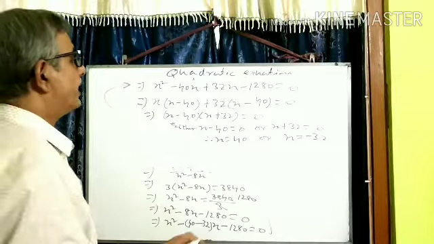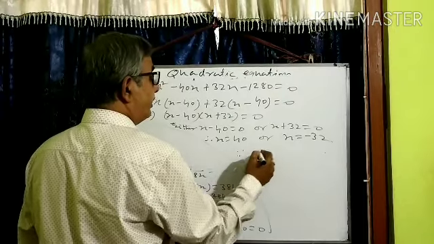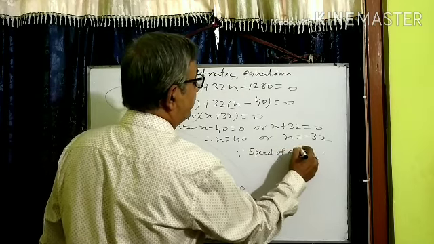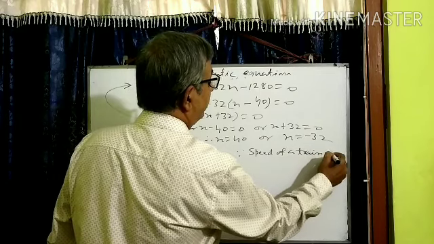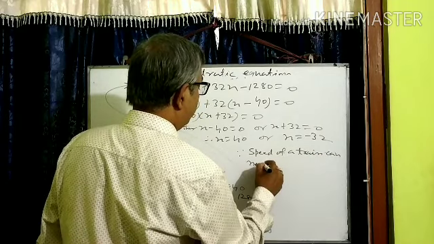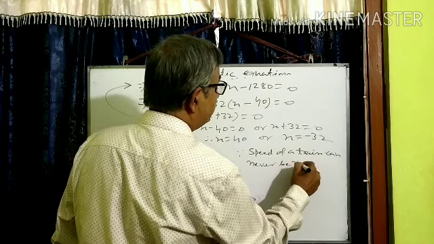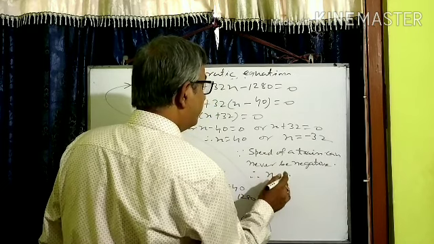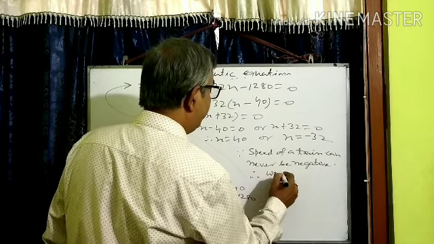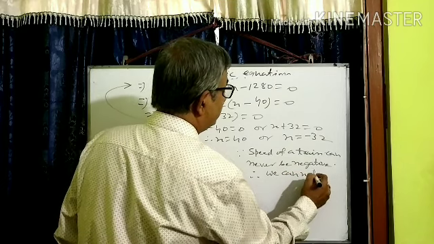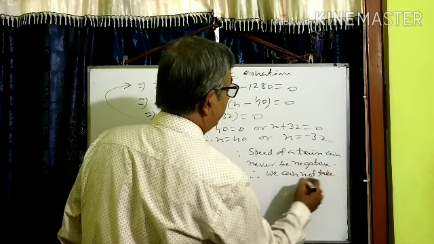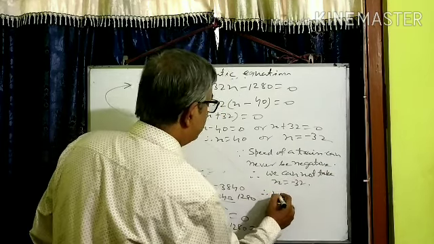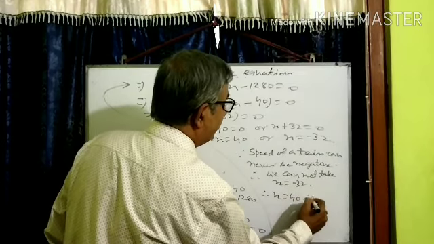Since the speed of a train can never be negative, therefore we cannot take x is equal to minus 32. Therefore, x is equal to 40 is accepted.